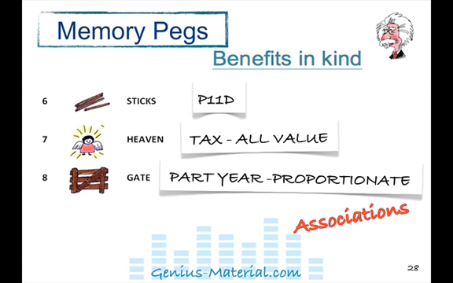Final bit, gate. If they're working part of the year, they get taxed proportionately. So, right, how can we think of proportions with a gate? How about then that, I bet you've seen this too, sheepdogs rounding up a bunch of sheep into a corner of a field. You know that's not a collective noun, is it, for sheep? A flock of sheep into the corner of a field.